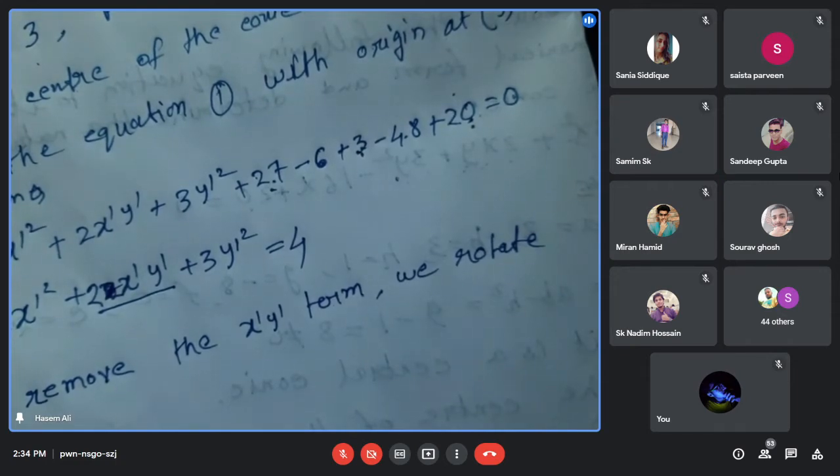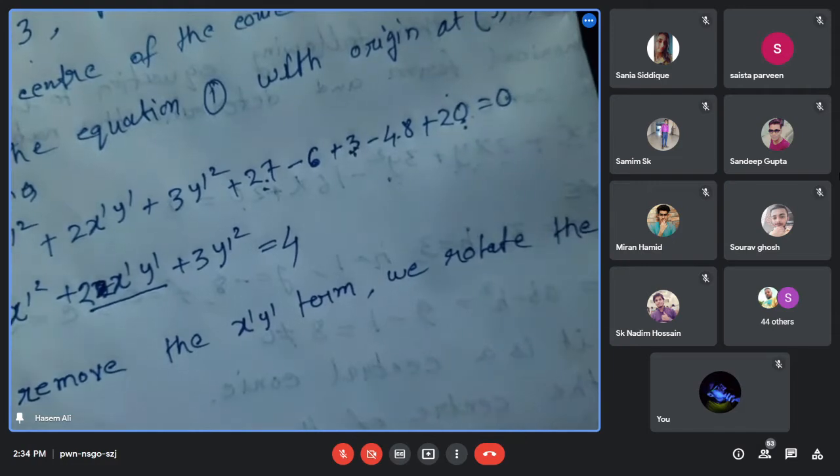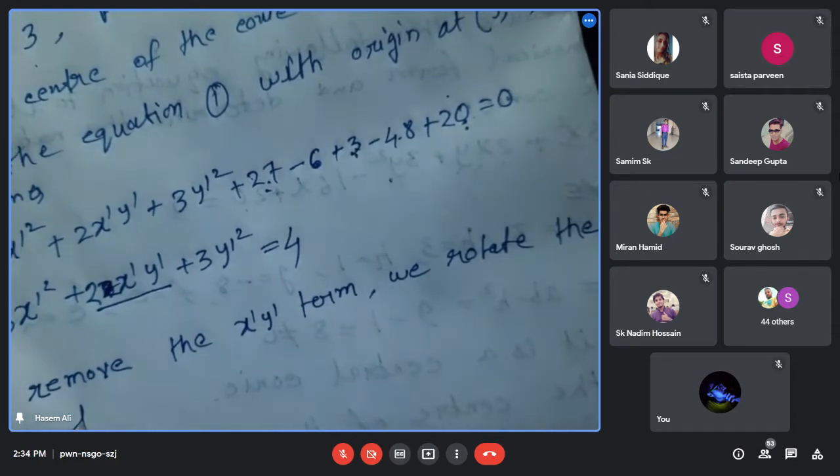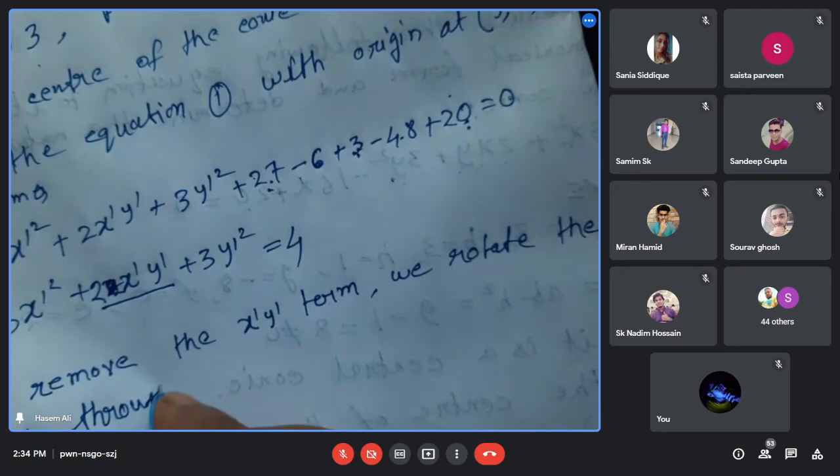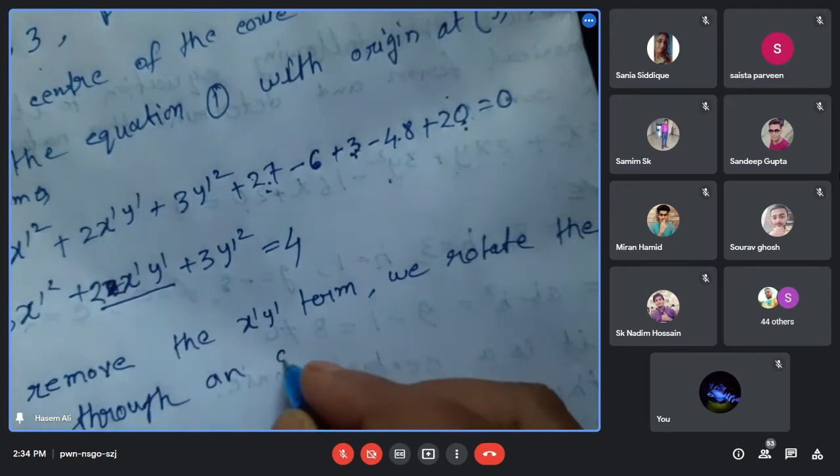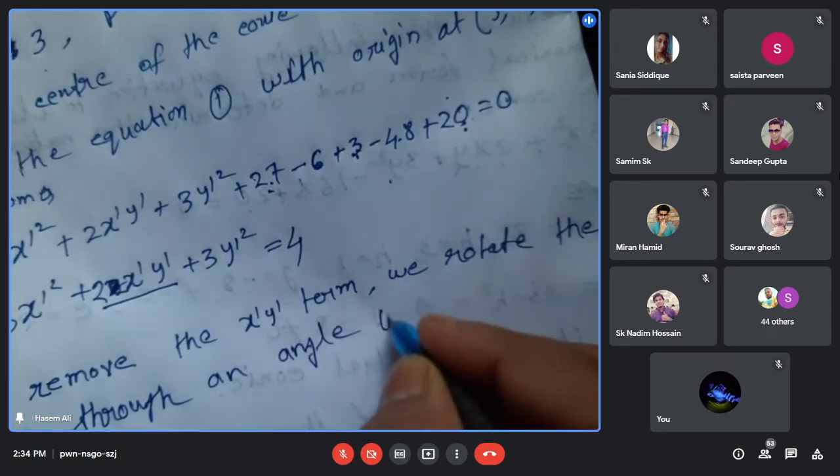We rotate the axis through an angle theta.